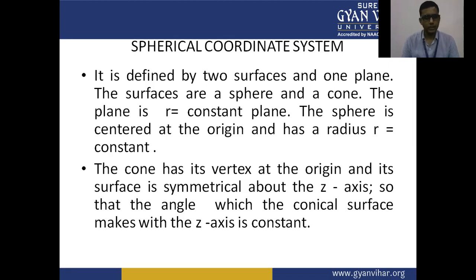The plane is the phi constant plane. The sphere is centered at the origin and has a constant radius r. The cone has its vertex at the origin and its surface is symmetrical about the z-axis, so that the angle which the conical surface makes with the z-axis is constant.